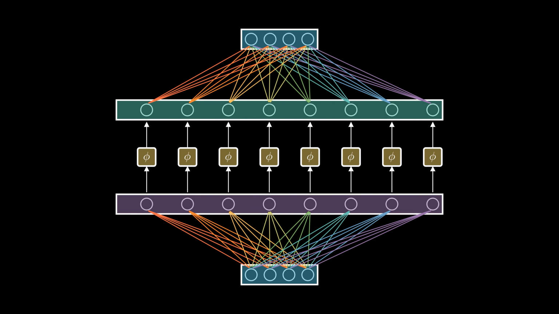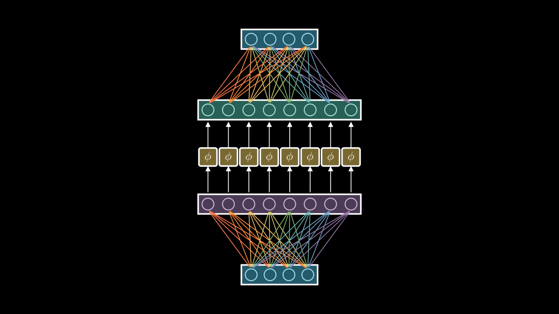Let's simplify the diagram and add notation labels. We refer to the input vector to the MLP as x. The pre-activation vector z can be expressed as a vector matrix multiplication. Since the hidden layer typically expands the dimensionality, we denote the weight matrix as W-up.